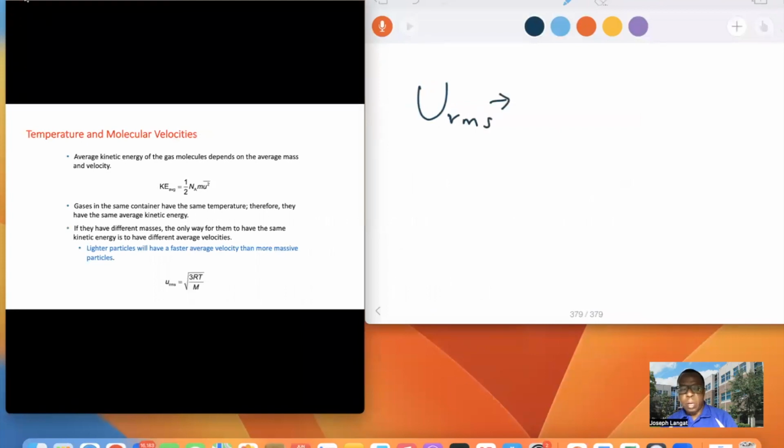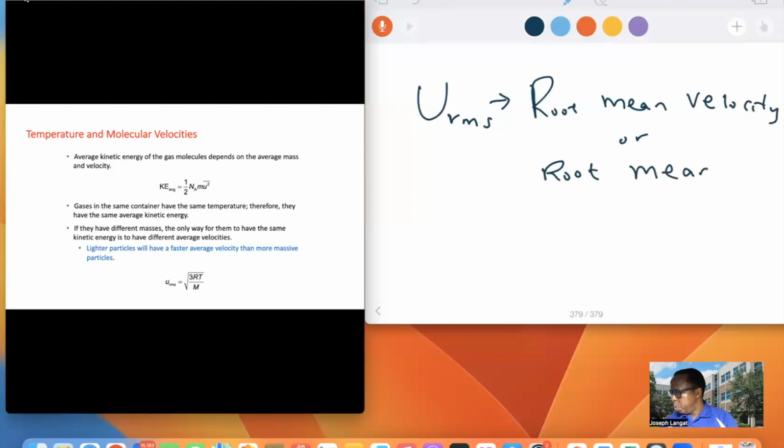This stands for root mean velocity, or sometimes root mean speed, the average speed of a gas particle.